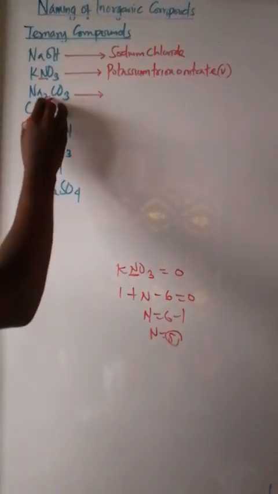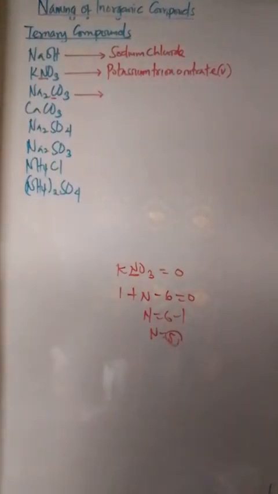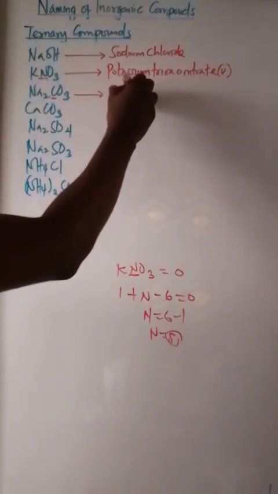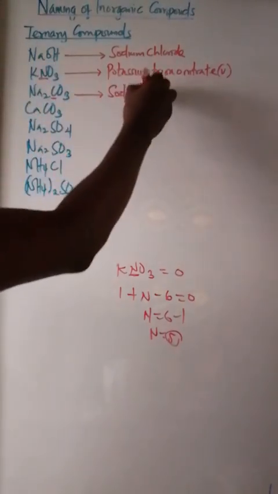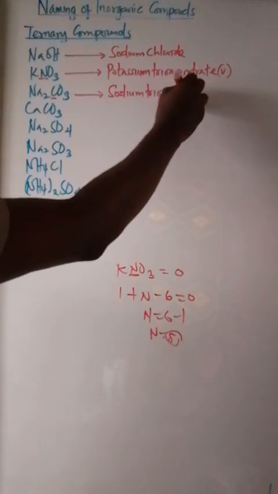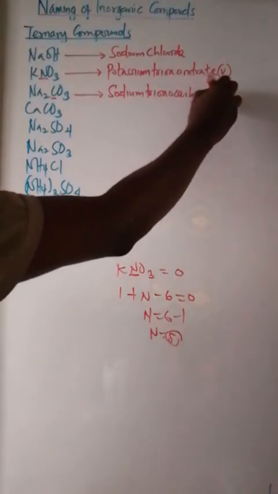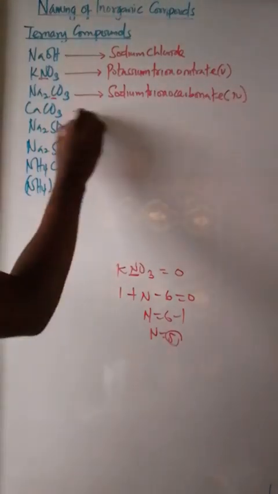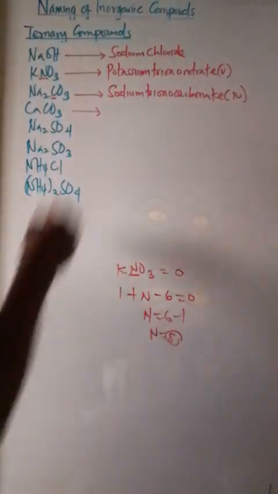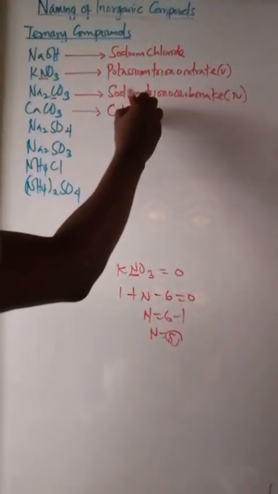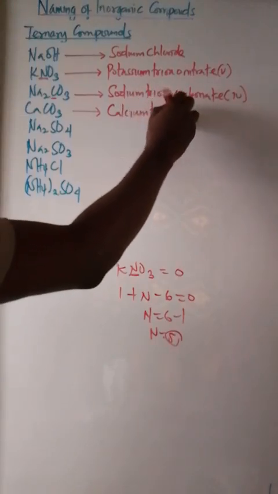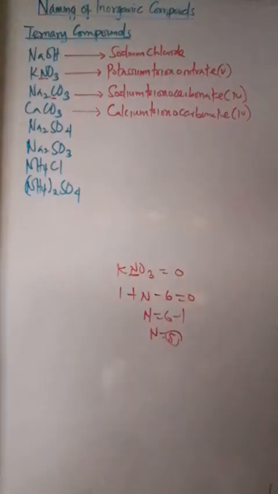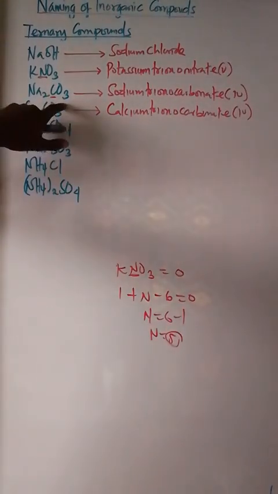Same here, if you get 4 for carbon, you should have 4. So we start from here, sodium, neglect the prefix, trioxocarbonate. If you solve this one, you get 4. For this one, if you solve it, you also get 4. So that's calcium trioxocarbonate 4, because calcium is 2 plus, oxygen is 2 minus.